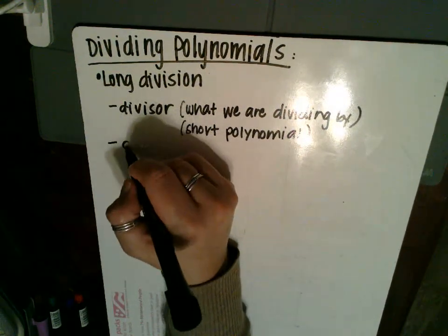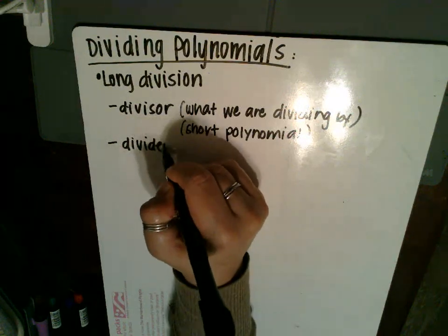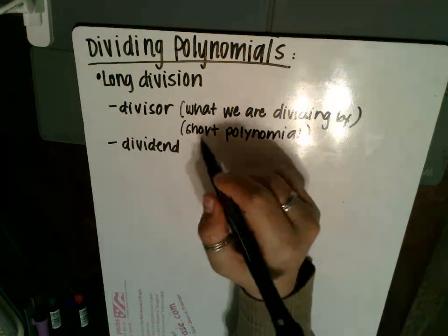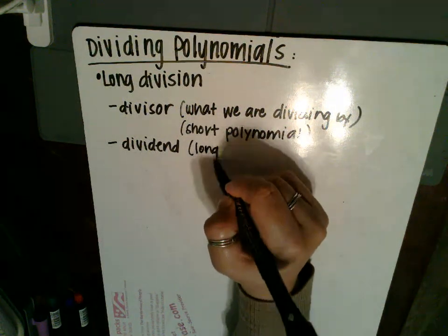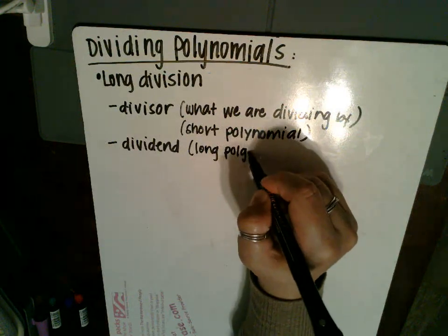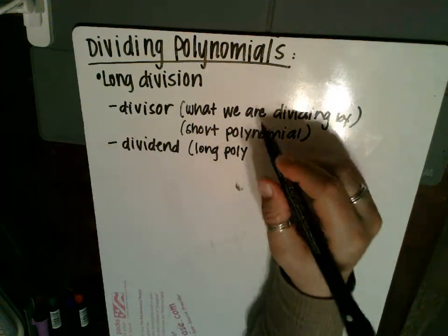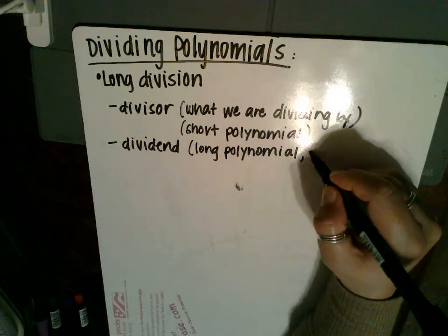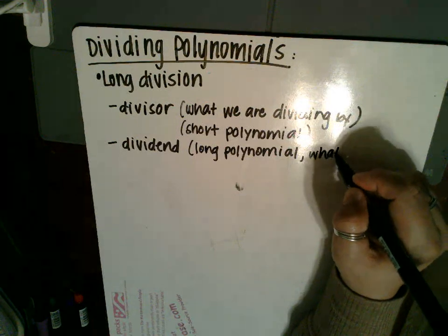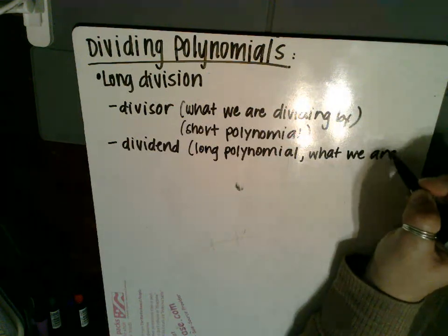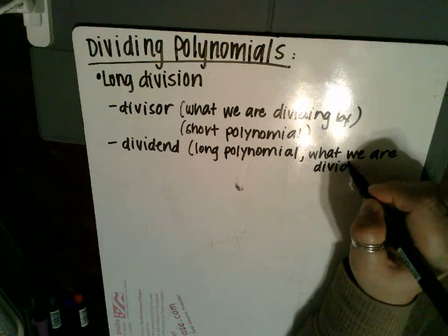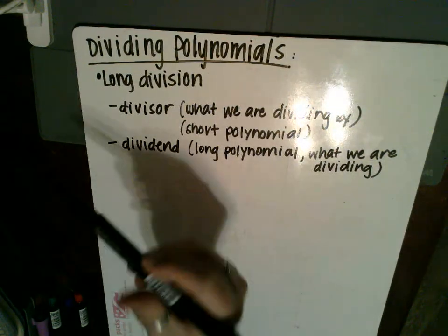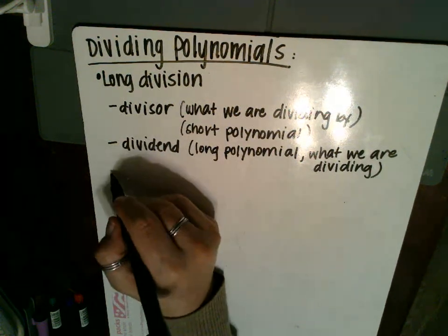Then we have what's called the dividend. And this is the long polynomial, or the longer polynomial. And it's what we are dividing. Now, when we perform our division, we're going to end up with a quotient and a remainder.